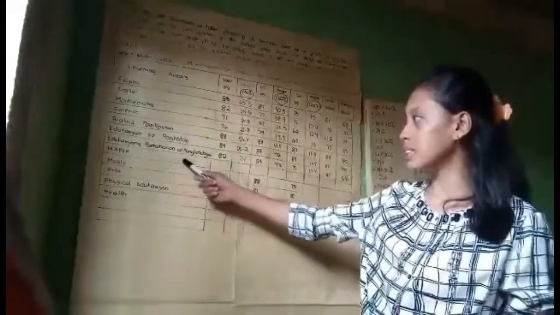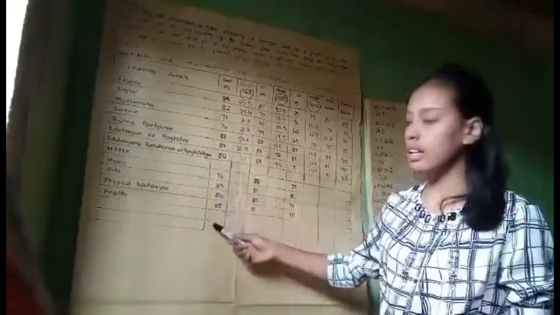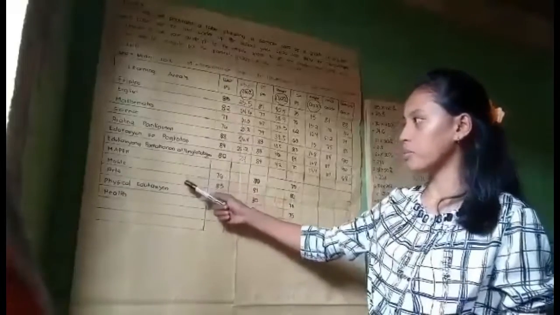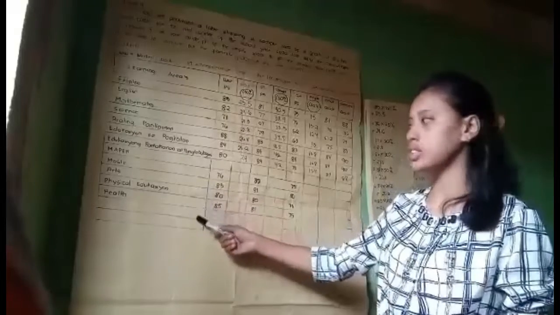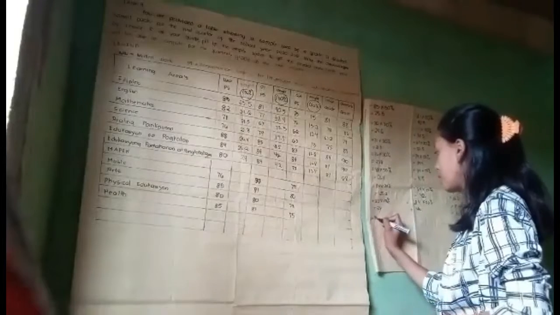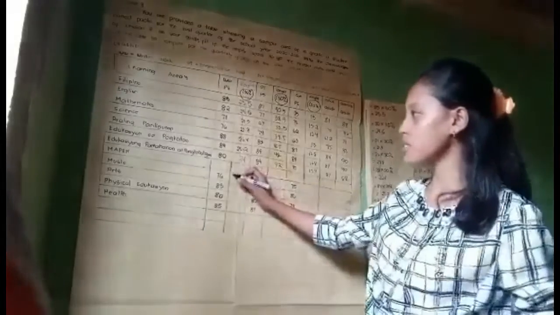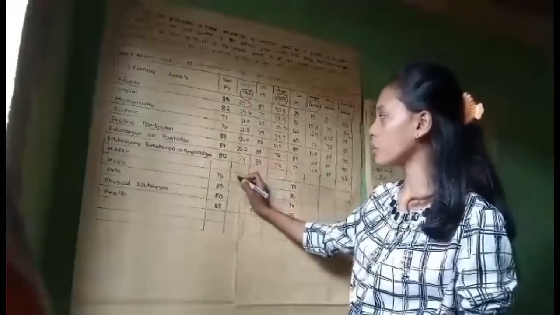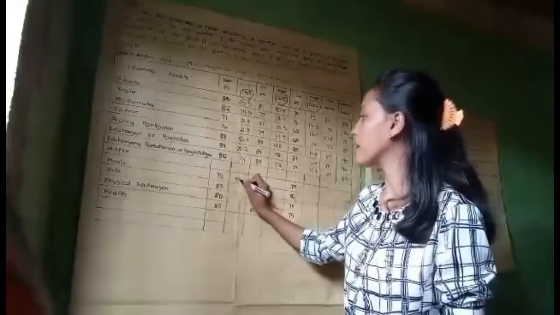Next, to find our grade in MAPEH, we will first solve for music, arts, physical education, and health. Let's do these first. Music, 76 times 30% is equal to 22.8. So our music written work is 22.8.